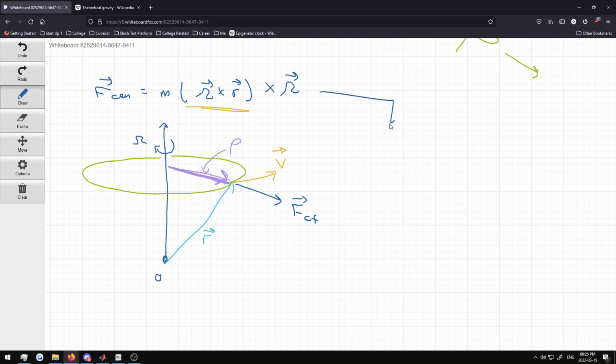But I will say this: the simplification for this does turn out to be something along the lines of m omega squared rho vector. Normally you'll see this written as the magnitude of rho times rho hat, but I'll just use rho vector because we can calculate that fairly quickly.